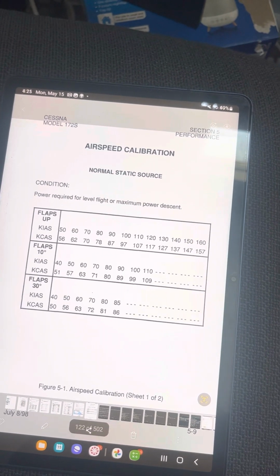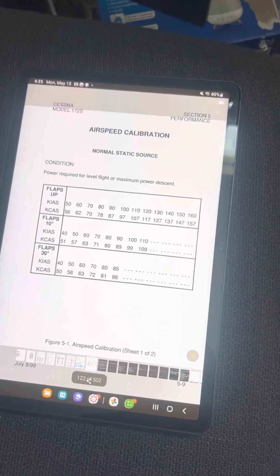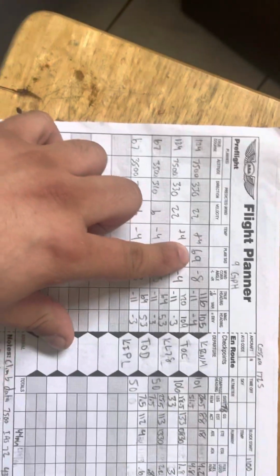Then I put the pressure altitude into my E6B, which is 7,500, at temperature, which is standard +4. I look at the outside of my E6B, and then I get my true airspeed of 69.